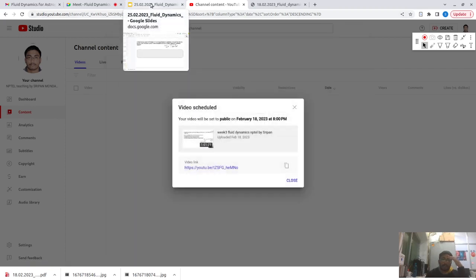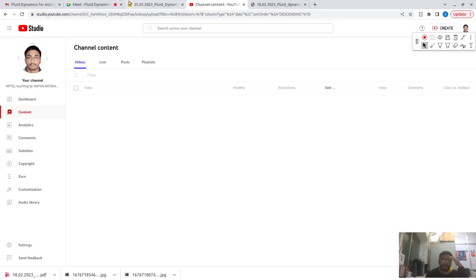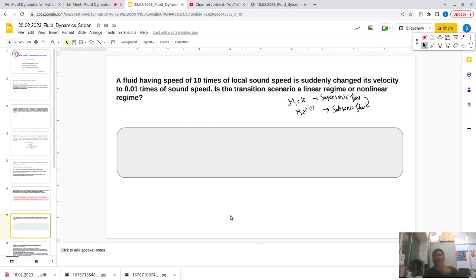Okay. Now what are the linear and non-linear regimes? Let's say you have some wave propagating like this. You have just a continuous profile of some wave. Now wave means some perturbation in the homogeneous or equilibrium medium.